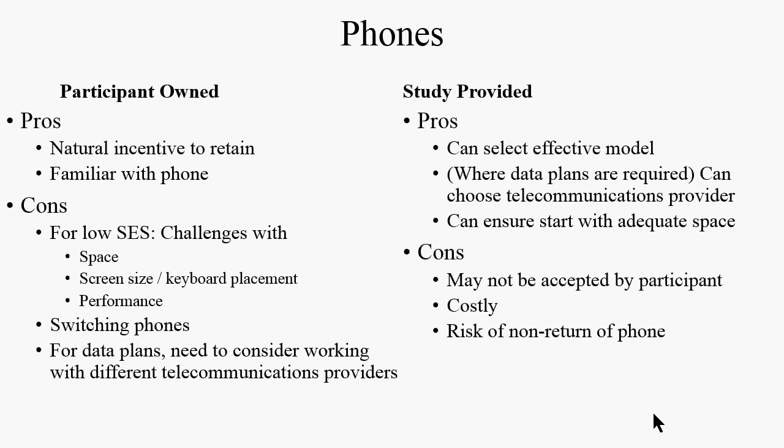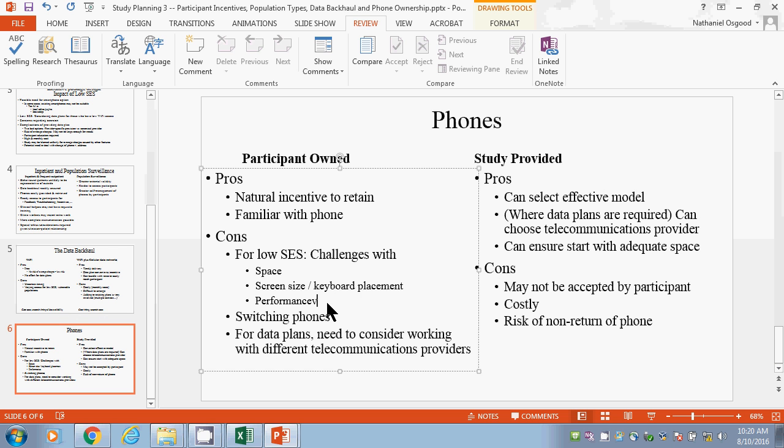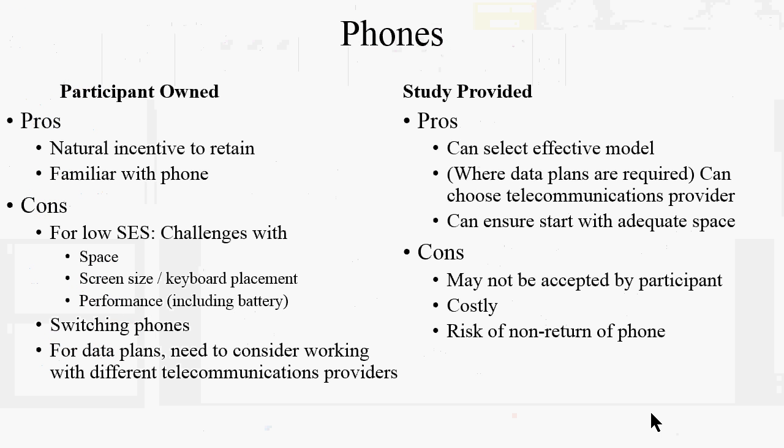It can be costly, and there are cases where those phones disappear. We have had several circumstances of phones disappearing in the course of studies. One of them traveled with a student back to Persia, I believe, and we didn't trace it.